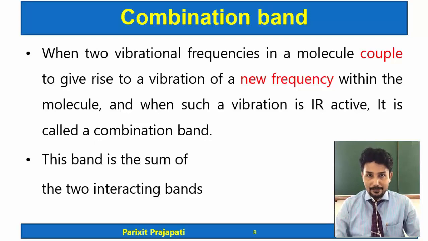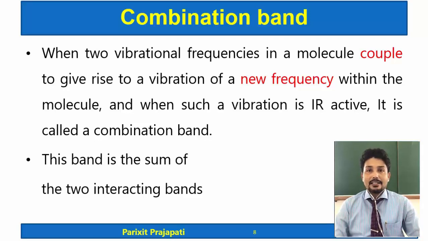For example, if one fundamental absorption occurs at 600 centimeter inverse, another fundamental absorption occurs at 700 centimeter inverse, the combination of this 600 absorption band and 700 absorption band is 1300 centimeter inverse.